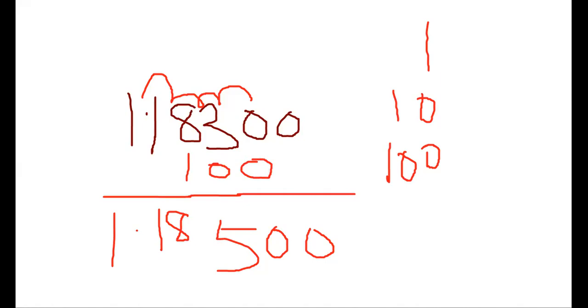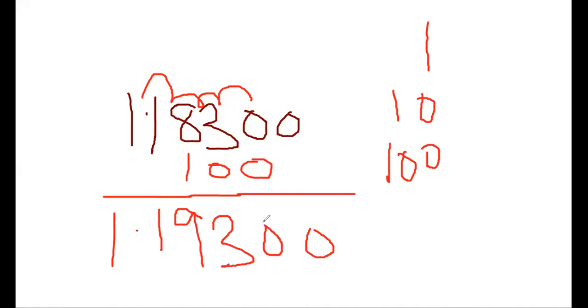Once I put that 100 there, that will be 1.19300. I've added 100 pips to this. And what exactly did I do? I just added 100 to that 8 and 3 to give me this.